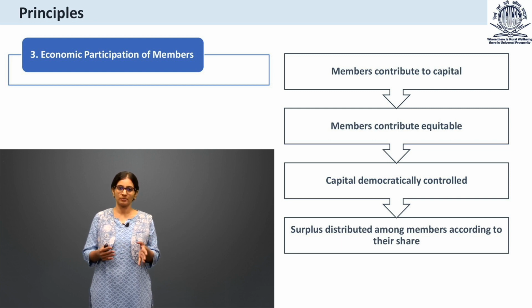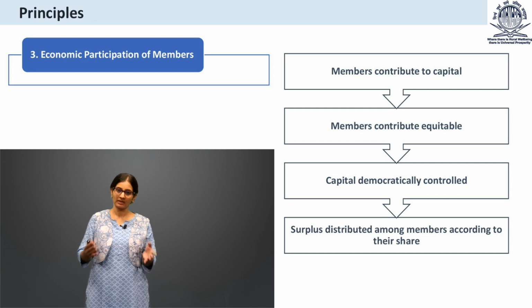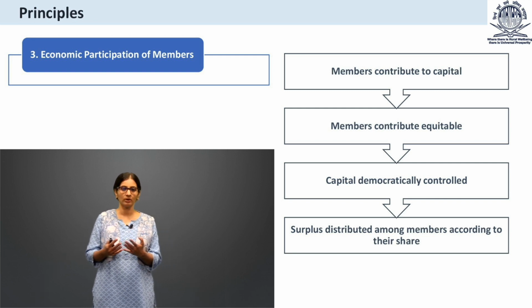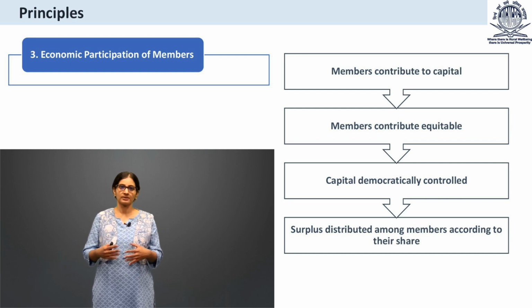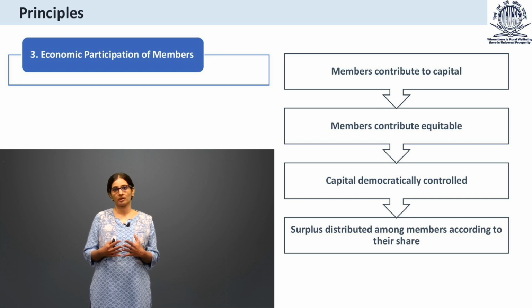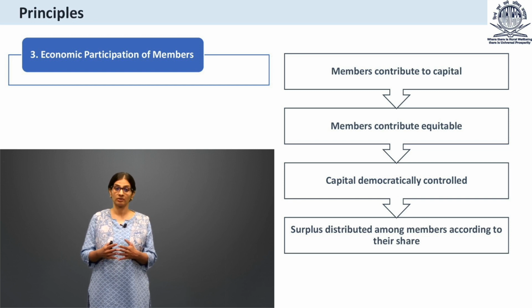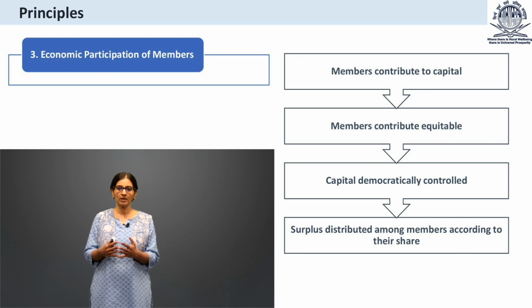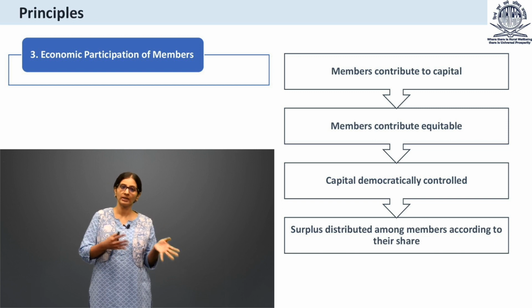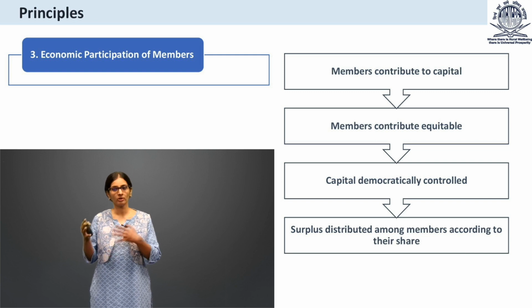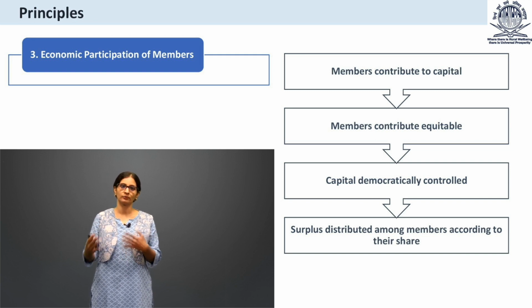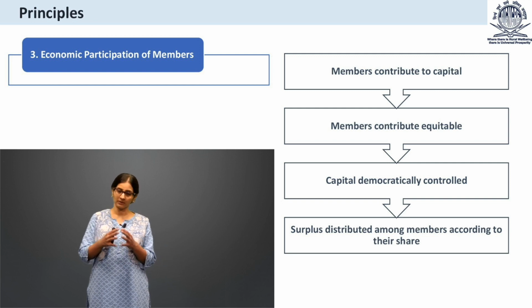So members contribute equitably, that is, fairly as per their circumstances or need. The surplus produce or the profits generated in the cooperative are then distributed among the members according to their respective contribution or share, and of course in conformity with the bylaws that have been made for that specific cooperative.